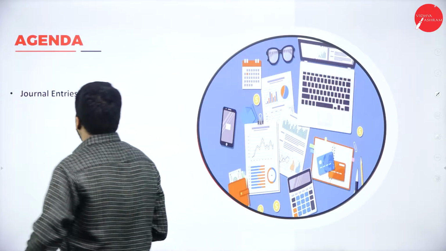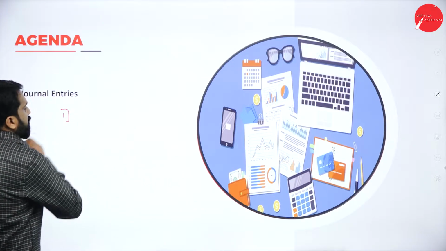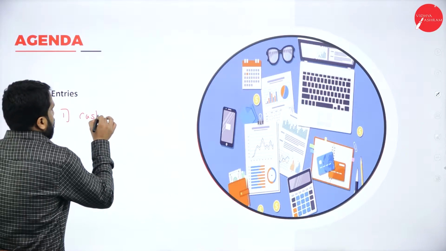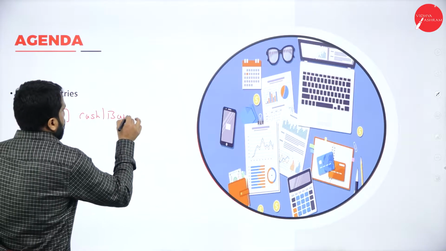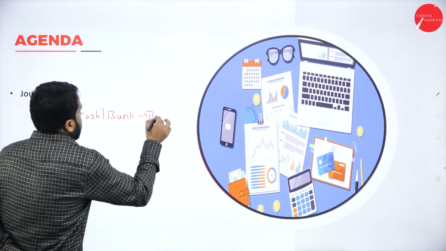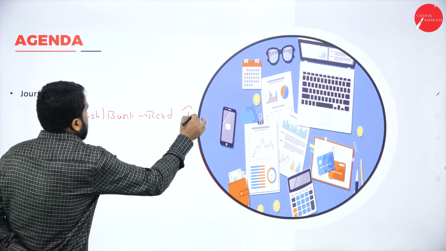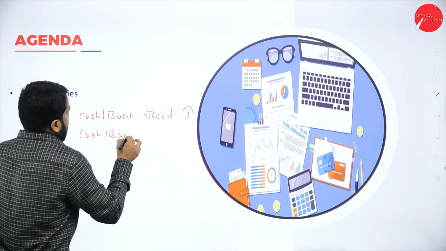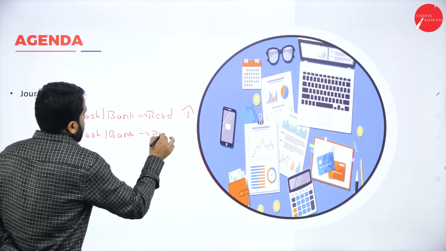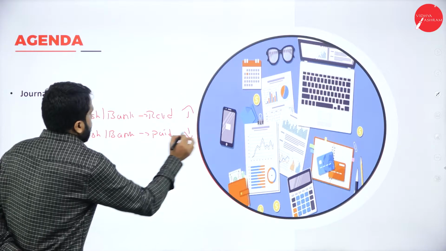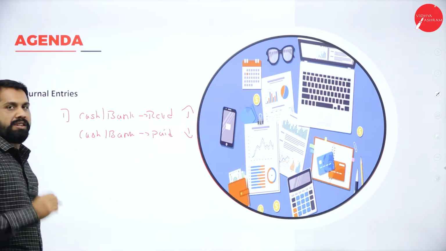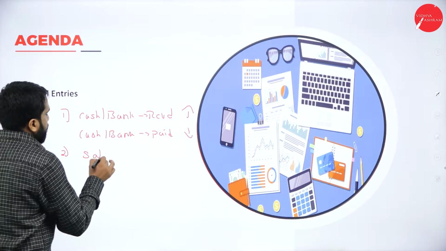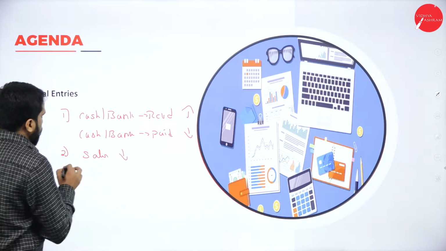So the logics are very simple. The first logic is cash or bank received, it is always up. Cash or bank paid, it is always down. This will be your first logic. The second one, sales always down.